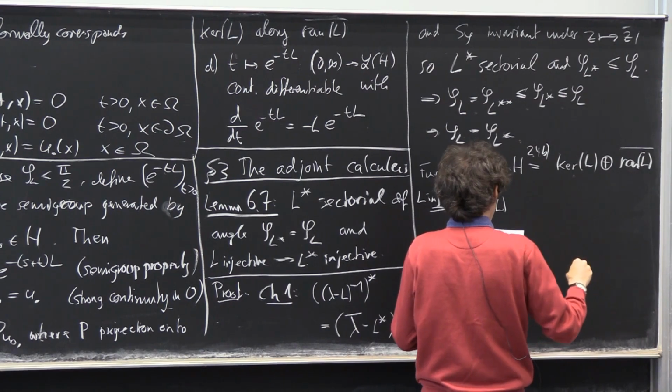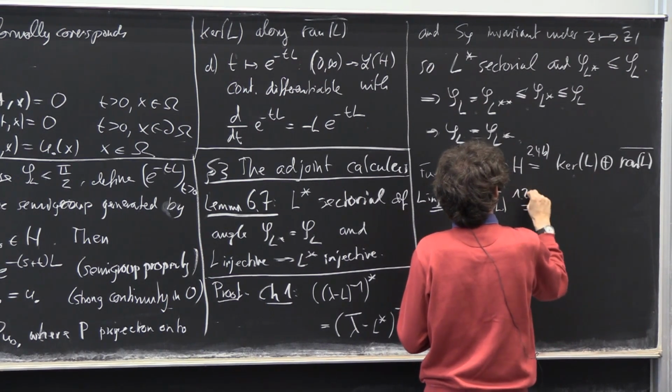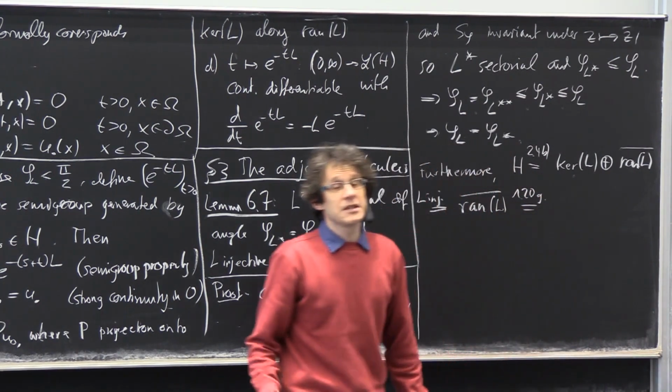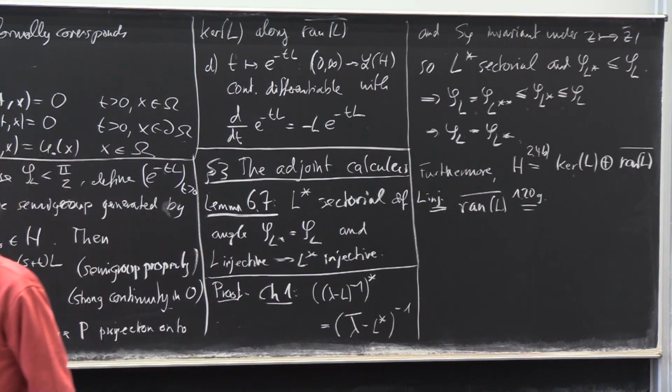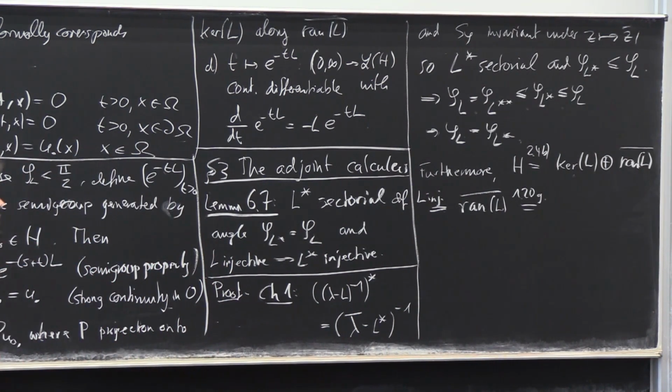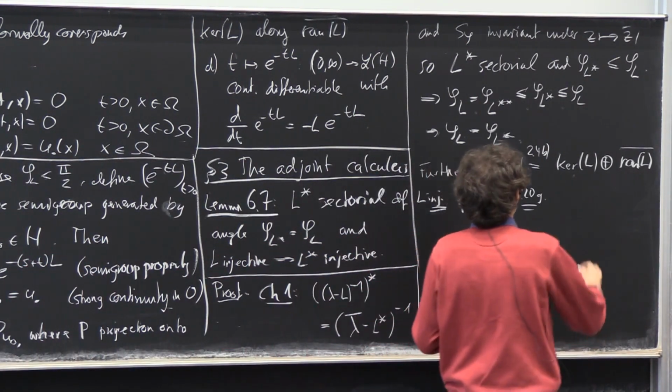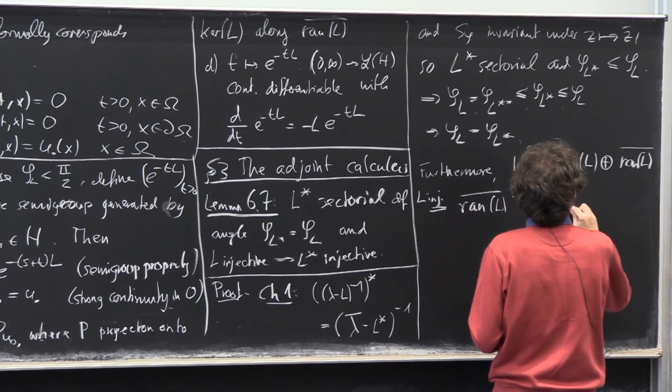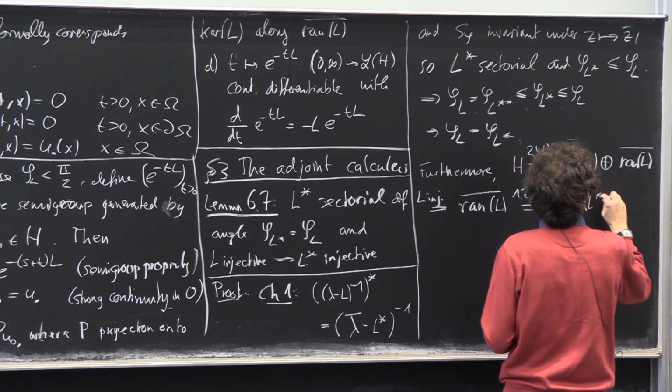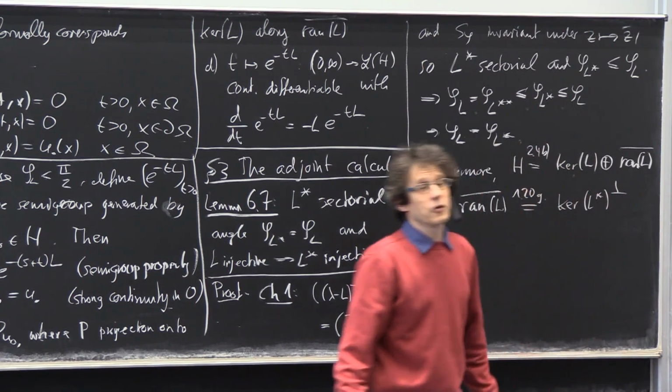And then if you go back to the first chapter, this was 1.20g, there was a link between the range of L and the kernel of L star. So the range of L closure is the orthogonal complement of the kernel of L star.